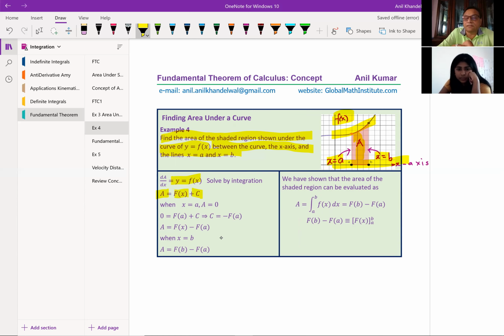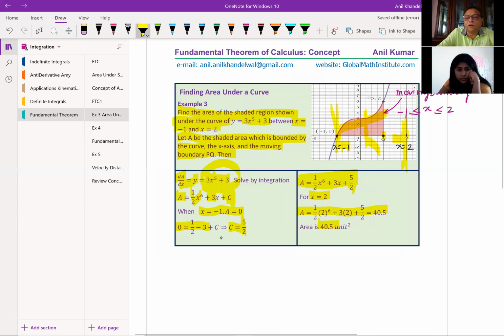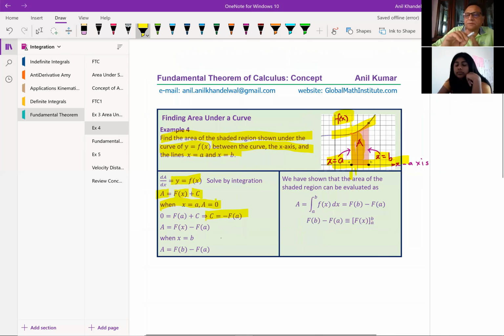That is what area is, as we saw last time. Now, when x equals a, area is 0. At this particular point, area is 0. So we get the value of c as minus f(a). We are following the same steps which we had been doing when we used antiderivatives, right? So we are using the same steps.